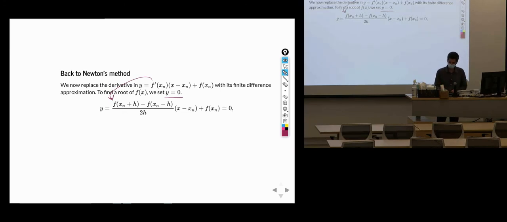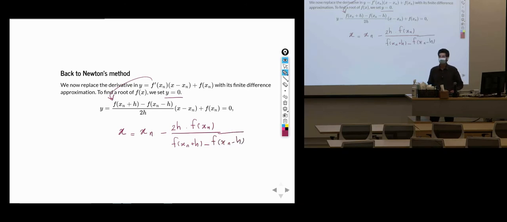From here, you can solve for x, which will be xn minus 2h times f of xn divided by f of xn plus h minus f of xn minus h, right?